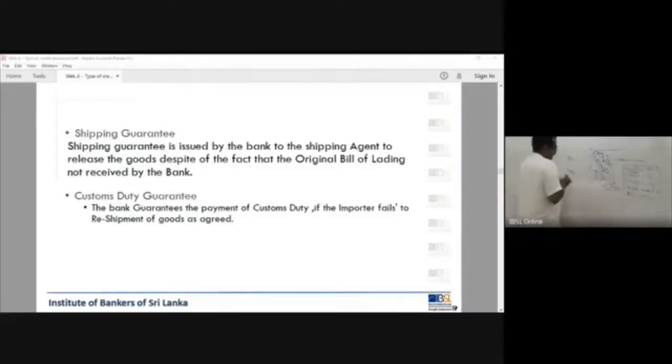All documents like the invoice, the bill of lading, and those things are sent through the bank. So documents come to BOC, DP, DA. What BOC will call, sorry, wait.